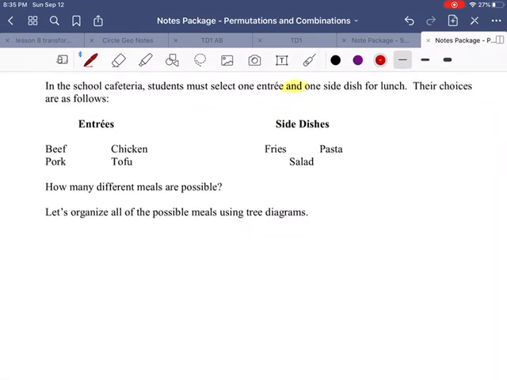Well, if we draw a little tree diagram, if the student selects beef for their entree, they can then select salad, fries, or pasta. If they select chicken, the choices are still the same. And then pork. And finally, tofu.